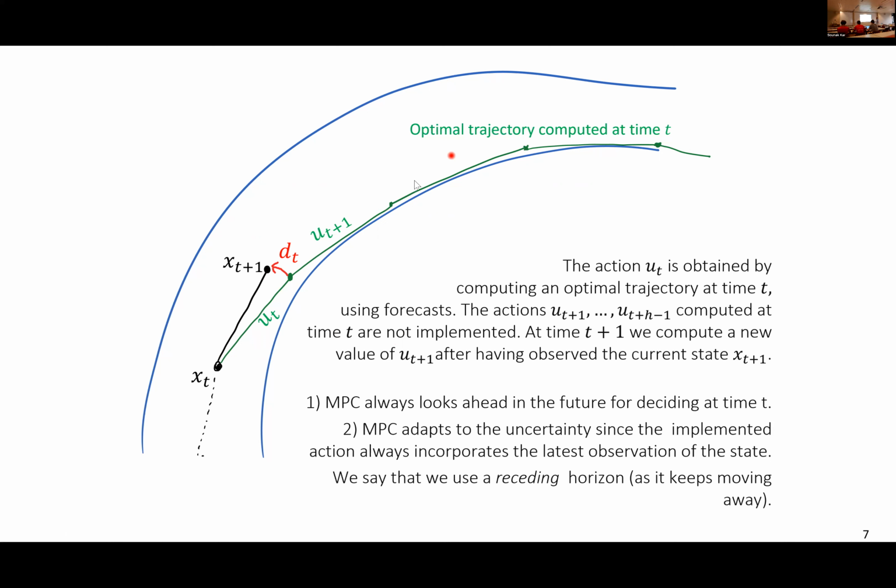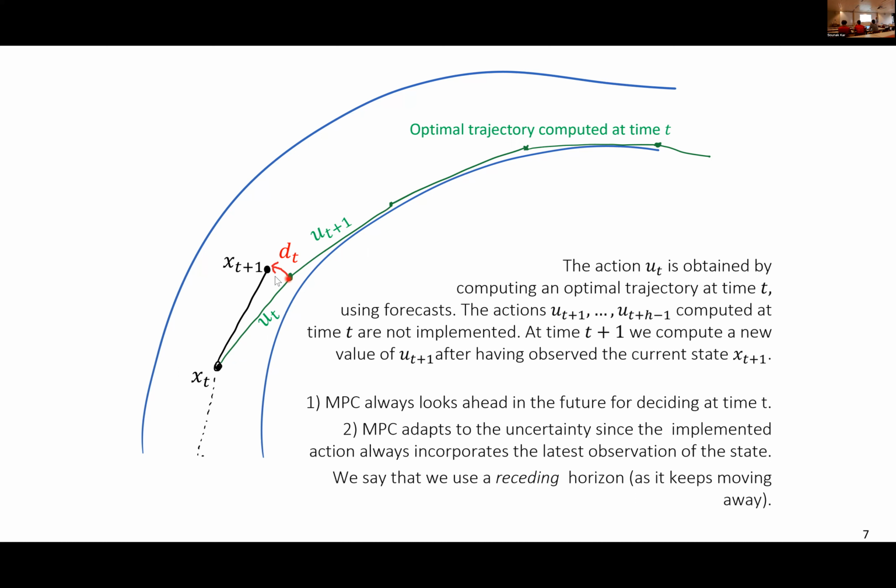Based on this, I will compute an optimal trajectory at time t based on where I am. And this is the optimal trajectory that I think will be done. However, I implement only the next action. The next action, for example the steering wheel action, leads me here on this trajectory.